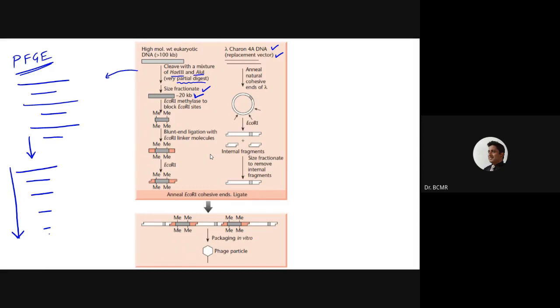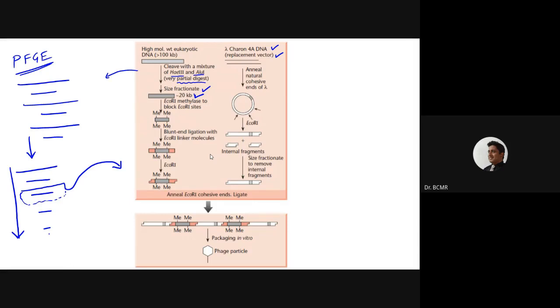The smaller will travel farthest, and the larger will travel slower. And where it comes to around 20 kb, you need to cut that part out and then use it in your analysis.